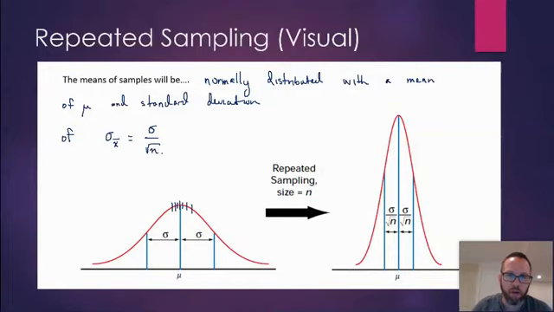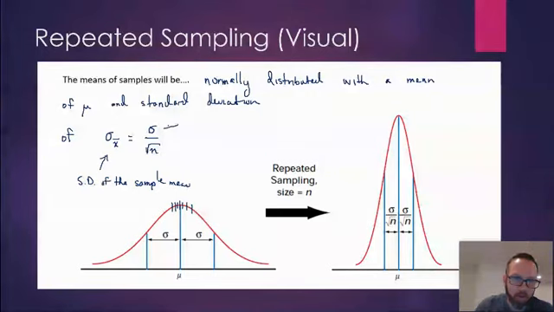It's the population standard deviation divided by the root of n. So this guy here is the standard deviation of the sample means. And this guy here is the standard deviation of the population. N is the number of samples.